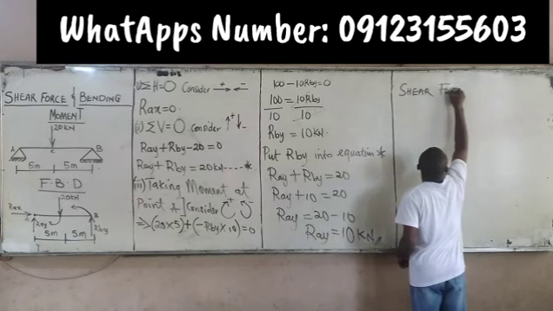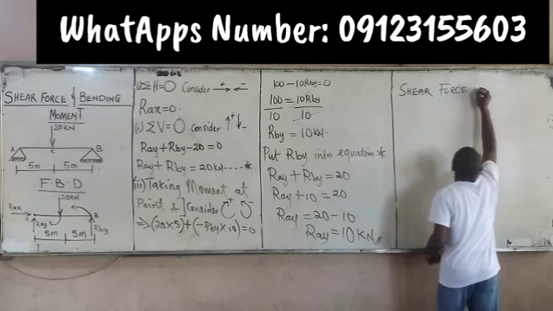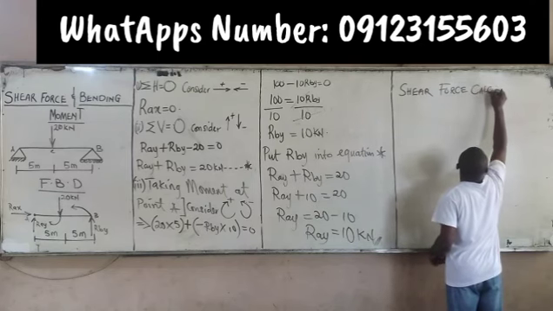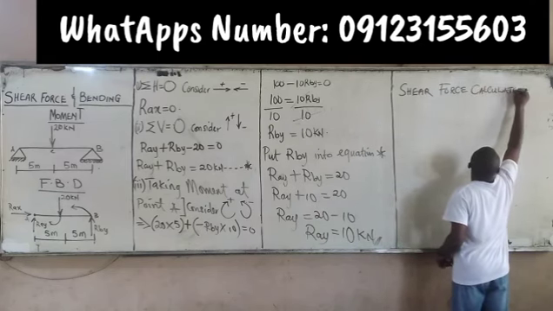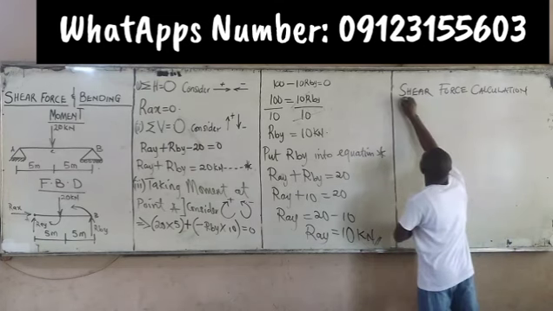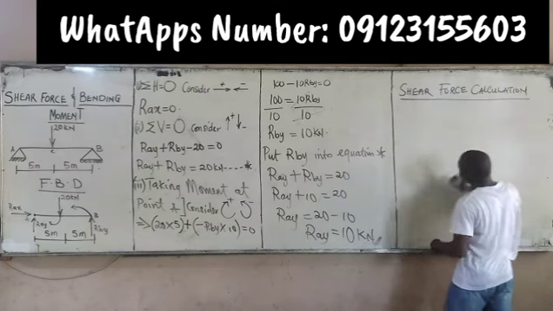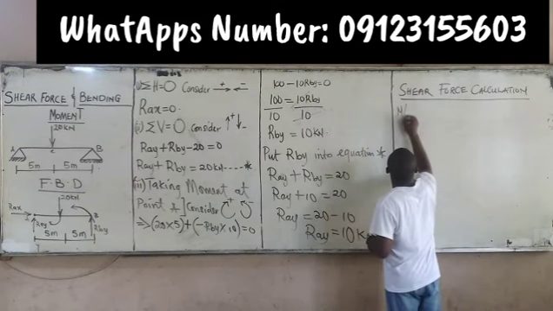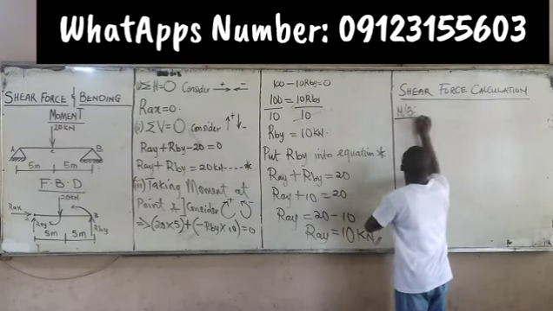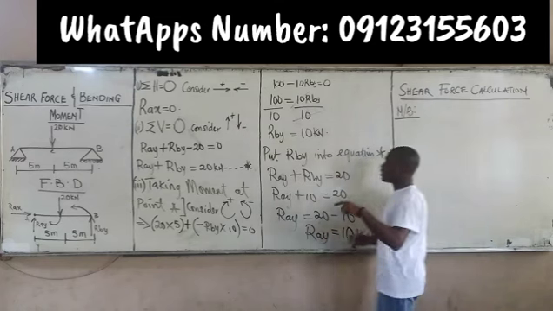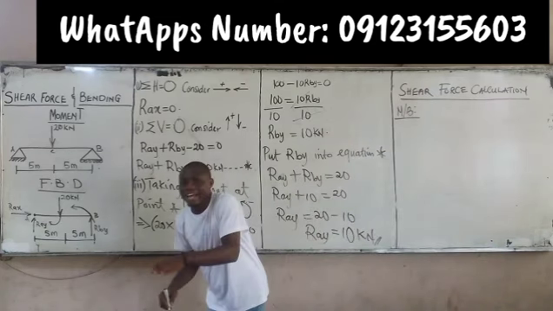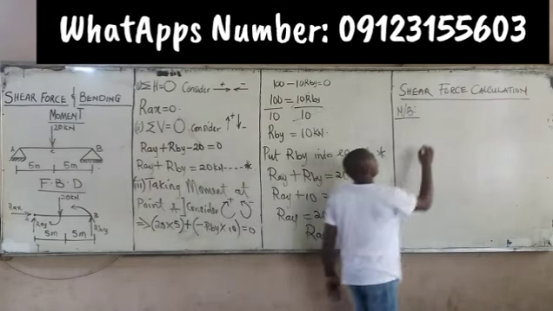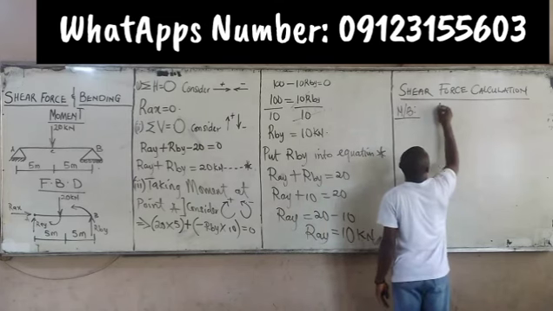With this 20, shear force calculation. When it comes to shear force calculation, note two things. Note number one, if you are taking readings from the left hand side, let upward force be positive and downward force be negative.